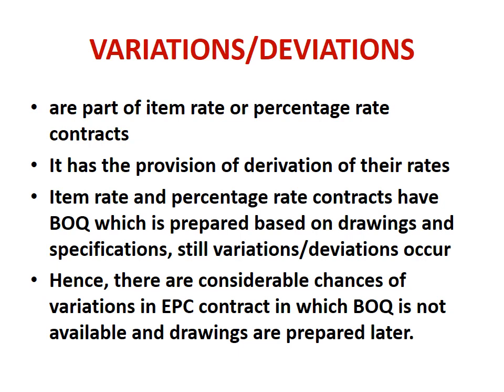And there are considerable chances of variations in EPC contracts also, and in this contract BOQ is not available, so that is the problem, and drawings are prepared later, so then the items can be paid based on the market rates. And then the question is whether the provision of no variations would be included in the EPC contract.